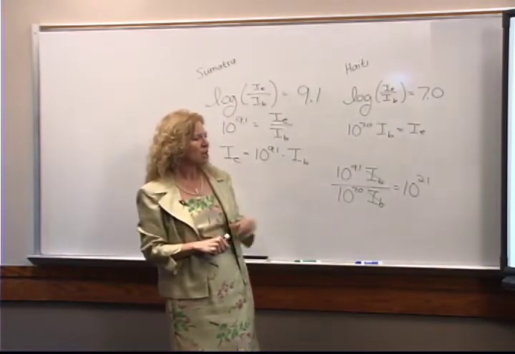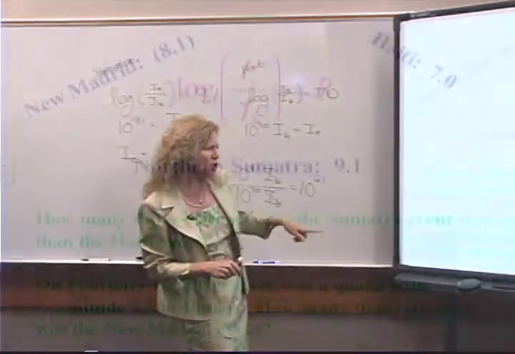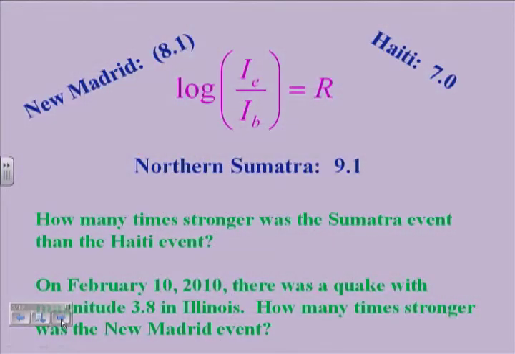Okay? So then I asked the question, I went for something recent. February 10th of 2010, there was a quake with a magnitude of 3.8 in nearby Illinois. Now, how many times stronger was that event in New Madrid way back in the 1800s? Well, let's see here.